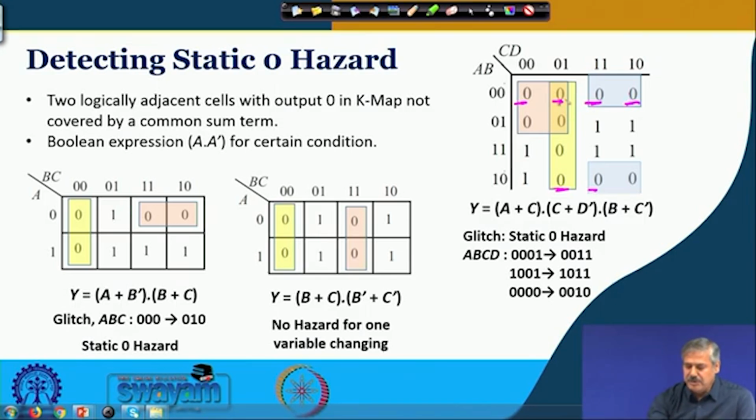Between these two, you can see A and B remaining 0, D remaining 1, and C changing from 0 to 1. So, this is a case where A, B, D are 0, 0, 1 and C changes from 0 to 1.